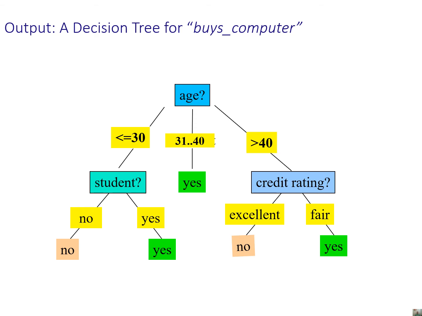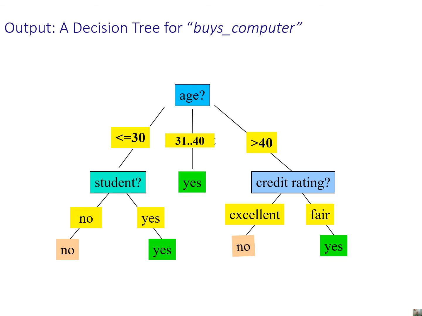Whether it is a student or not, and this is going to say whether this particular person with the age group 31 to 40 buys a computer or not. So this green label is related to whether he buys or not, and in case of yes, this is defined here. So we have credit rating. If it is excellent or fair, depending on that, whether he will buy a computer or not is going to be decided.